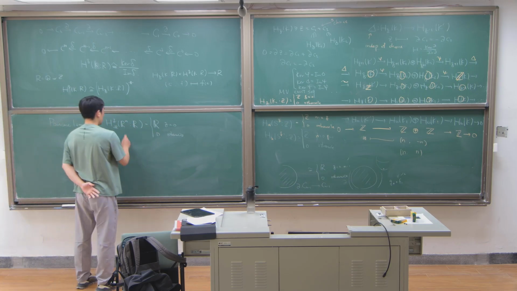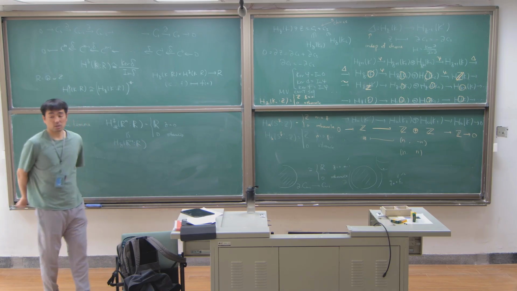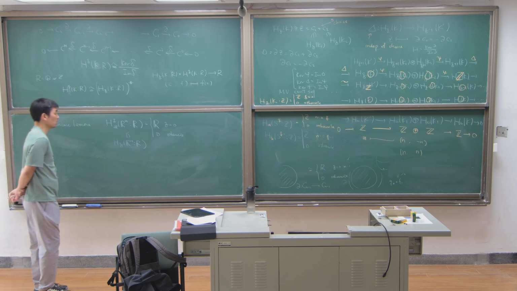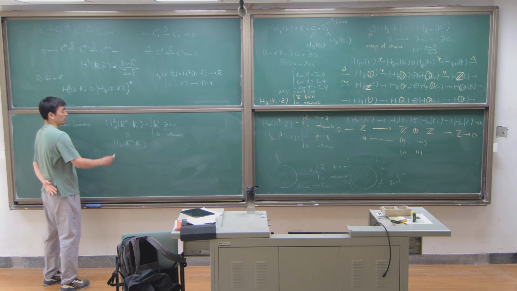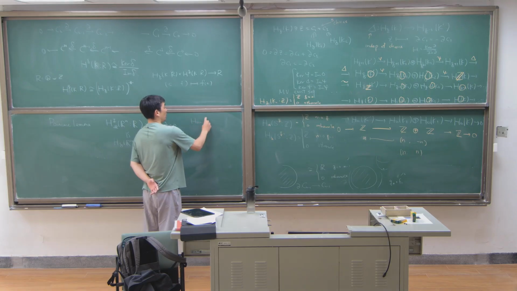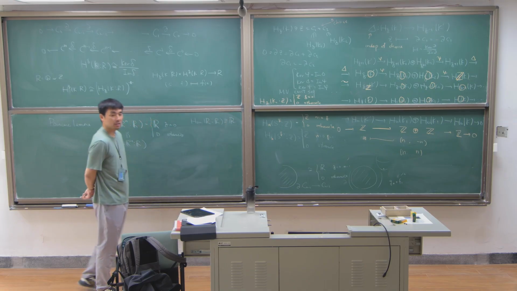But that is also isomorphic to this. So this is literally dual, right? So the R dual, Hom(R, R), is just R. Okay. Is it okay?